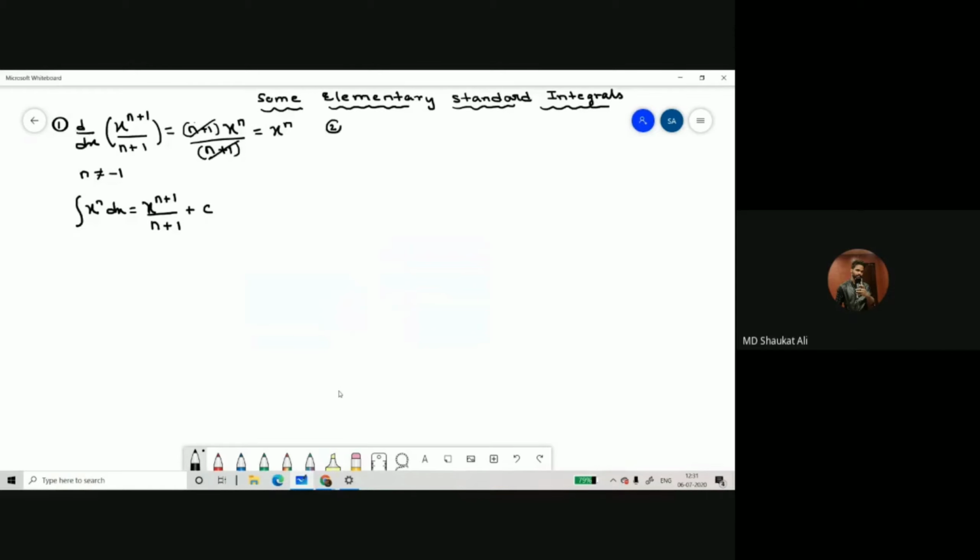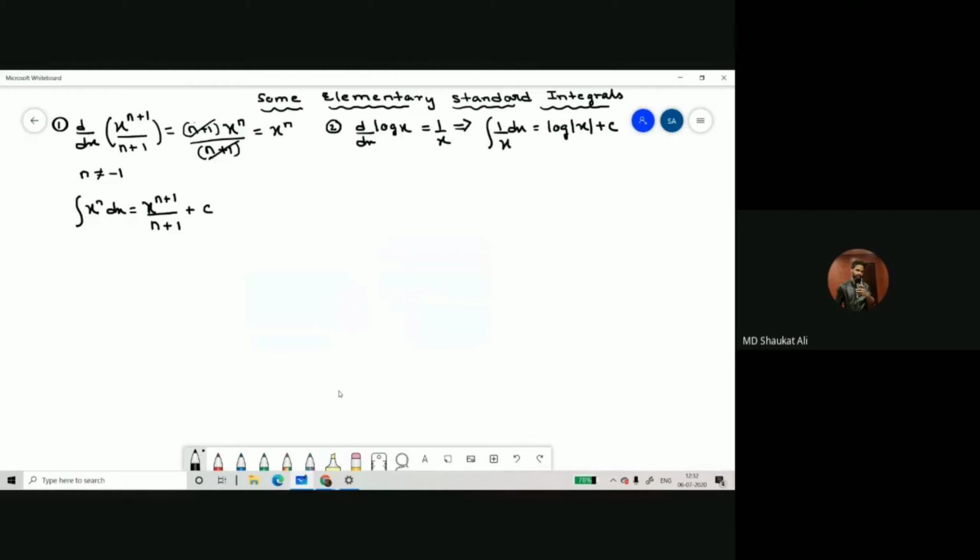Similarly, see this one. d/dx of log x is what? 1 by x, which means my integration of 1 by x dx will be log mod x plus c.